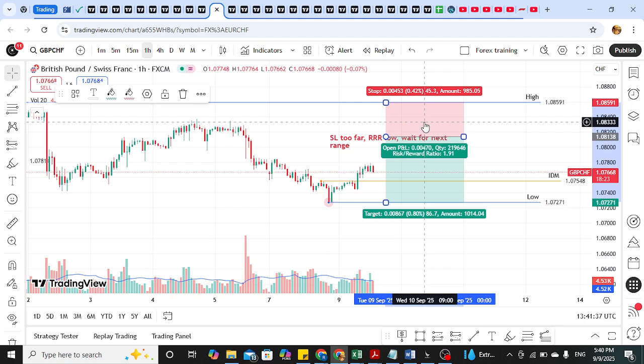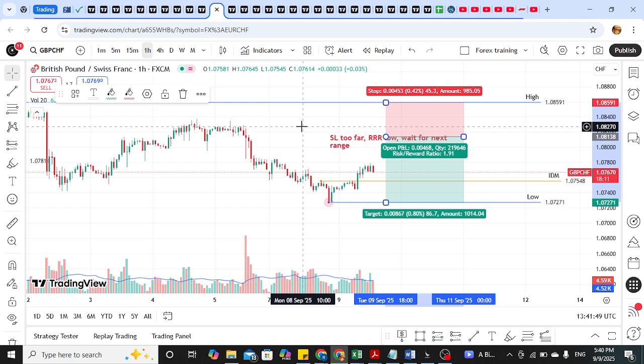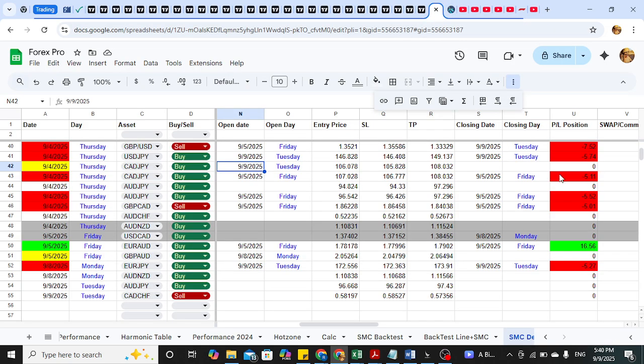Because it's not worth it. And I just lost the amount. And even if it won, it would cover only one trade or one trade and something. So this is what I wanted to show you: how money management, being strict about it, will save your account. And I will show you the results of this.